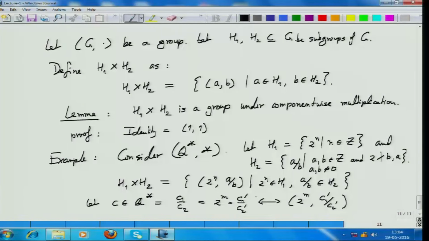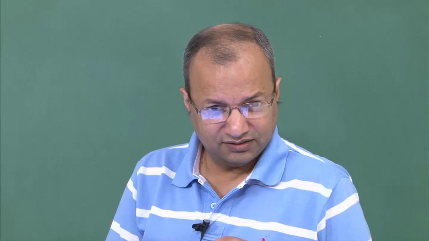If you are given an element of H1 cross H2, just multiply the two of them and you get an element of Q star. If you get an element of Q star, you do this process of separating out powers of 2 and then that splits as an element of H1 cross H2. So this correspondence, I claim, is 1-to-1. Do you see that?